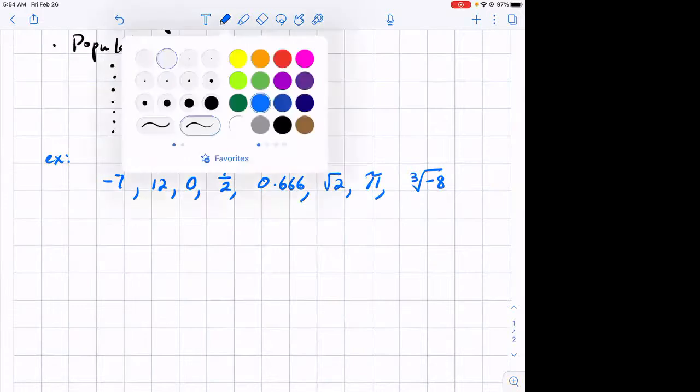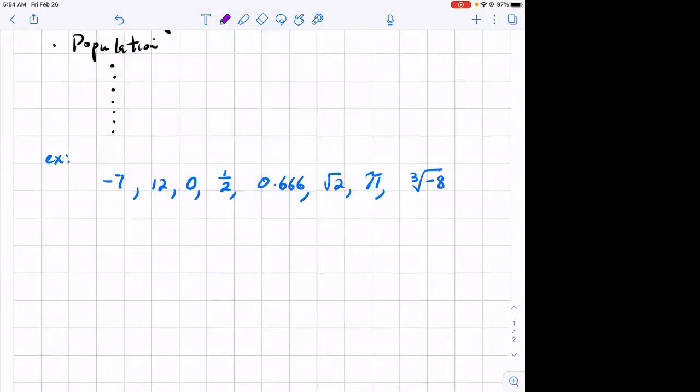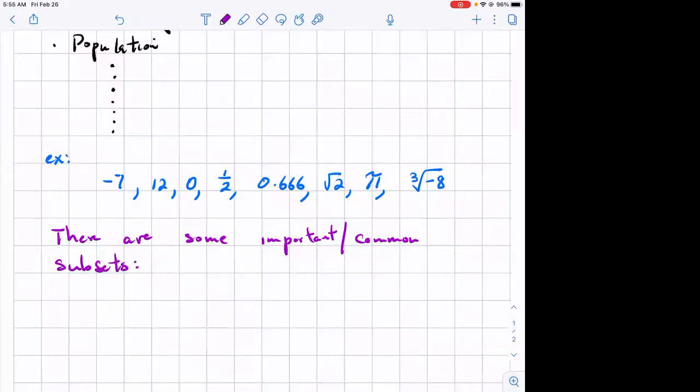Now, there are some important or common subsets. And what we mean by subsets are branches, right? There are some very important branches.